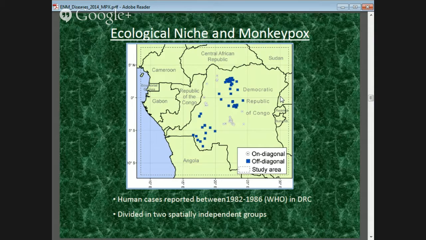Tom has talked about how important it is to curate the data and make it as precise as possible geographically, and that was a very important part of it.